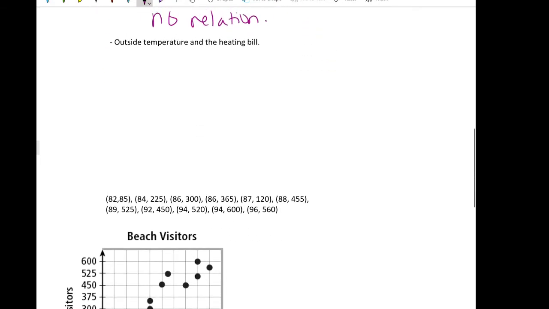Okay, our last example of this type, the outside temperature and a heating bill. So this one might just be easiest if we try to throw it in a graph.